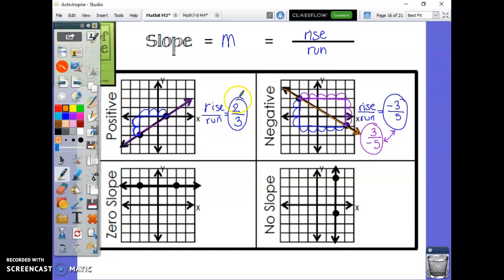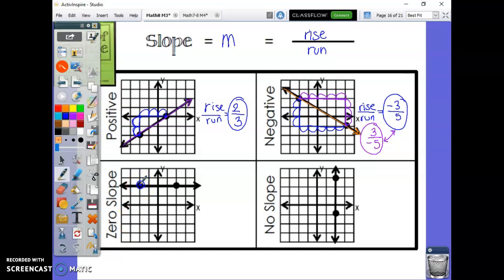Whenever your slope is a positive number, your line is going to have an upward trend. And whenever your slope is a negative number, your line is going to have a downward-facing trend.